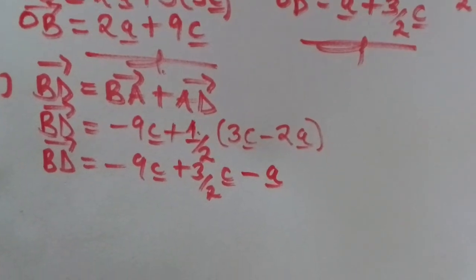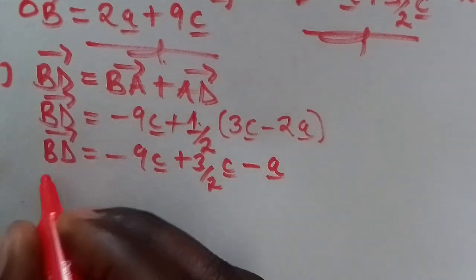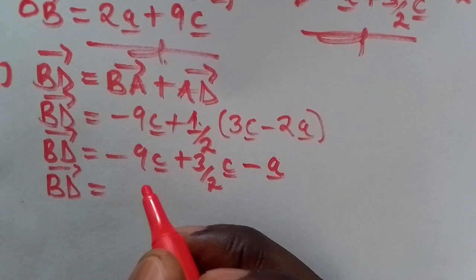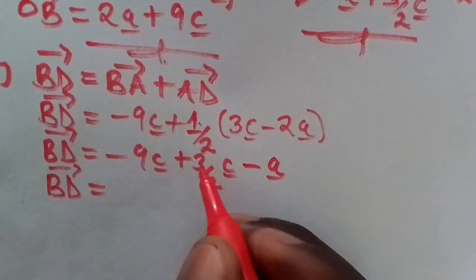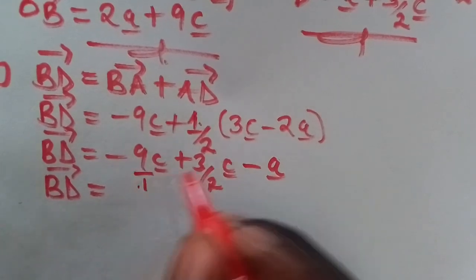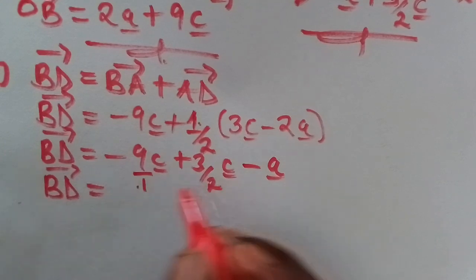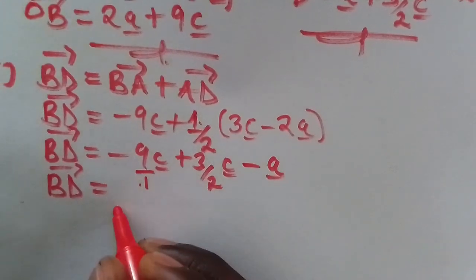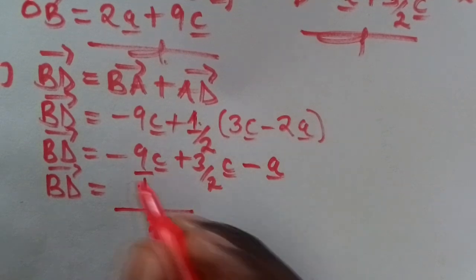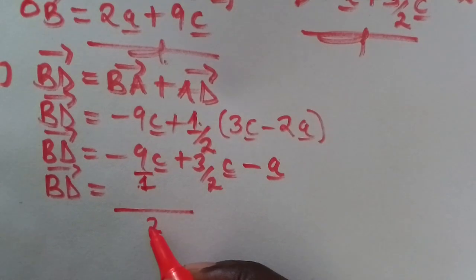Then we can work out these 2 because these are like terms. So we're going to say BD vector. To work out these 2, we'll introduce over 1 here so that we make these 2 fractions. And then we're going to introduce the common denominator. So common denominator is 2. Since 1 can go into 2 and 2 can go into 2, common denominator 2. Then we divide. 1 into 2 gives us 2.